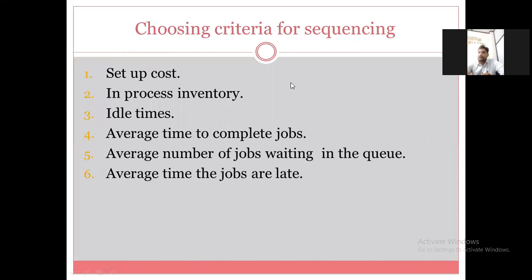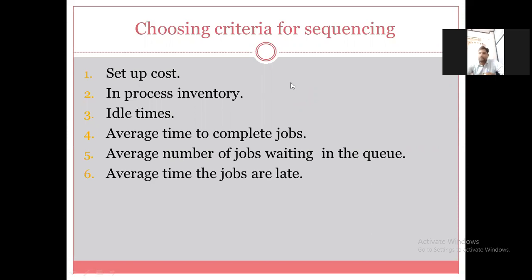Next heading: choosing criteria for sequencing. First one is setup cost. Second one is in-process inventory. Third one is idle times.